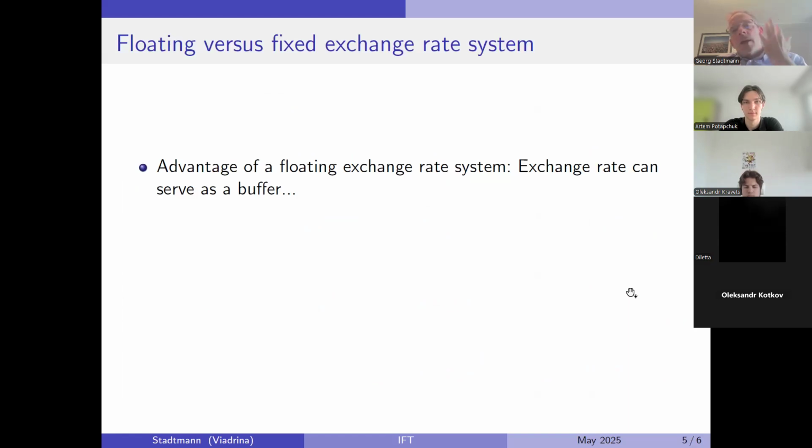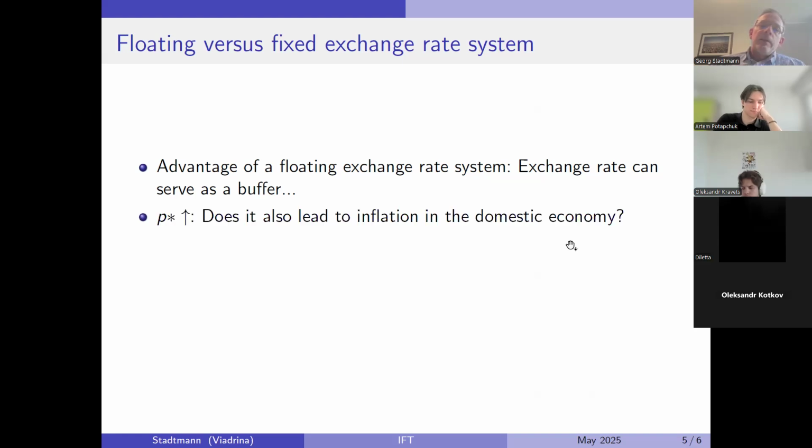Floating versus fixed exchange rate systems. The advantage of a floating exchange rate system is that the exchange rate can serve as a buffer. So we have seen that several times in our lecture. So what happens if the foreign price level increases in a floating exchange rate system? Does it lead to inflation in the domestic economy?